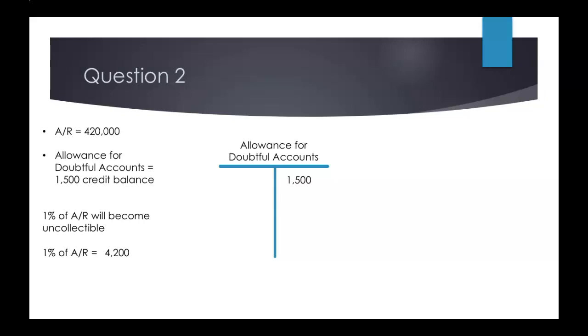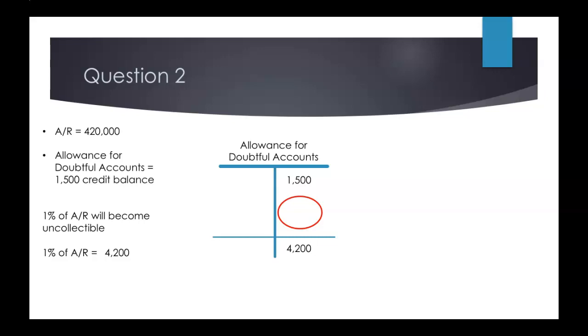Now, we were told that allowance for doubtful accounts had a credit balance of $1,500. So we make a T account here for our allowance for doubtful accounts. And we put the $1,500 over on the credit side, and we want that account to end up with $4,200 as its balance. That's that 1% of our accounts receivable.